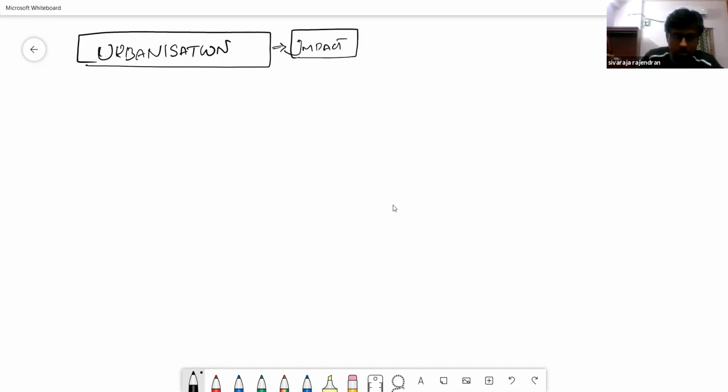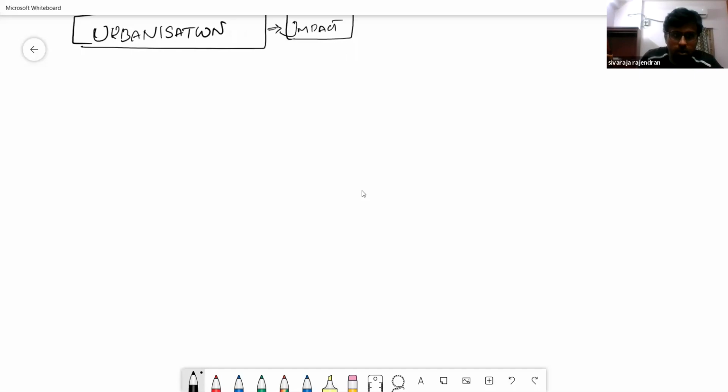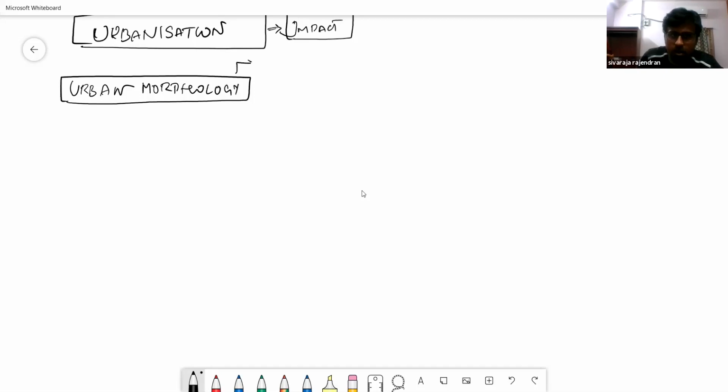Before going into urbanization and its impact, I wanted to give you urban morphology. This is something you don't have to know, but it is in the geography syllabus.